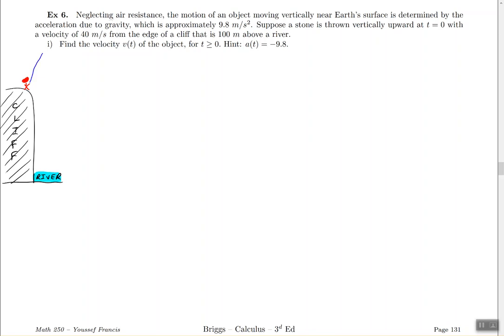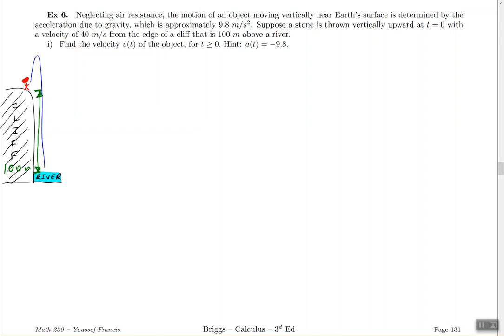You threw the rock in the air, it went up, and whatever goes up has to come back down. So at time 0, the speed was 40 meters per second, and the cliff is 100 meters above the water. From the river to where you're standing, that's 100 meters. Okay, so far so good?